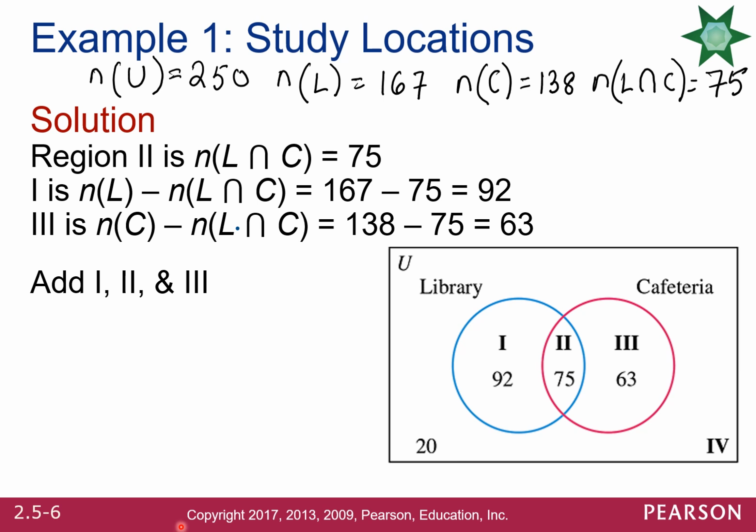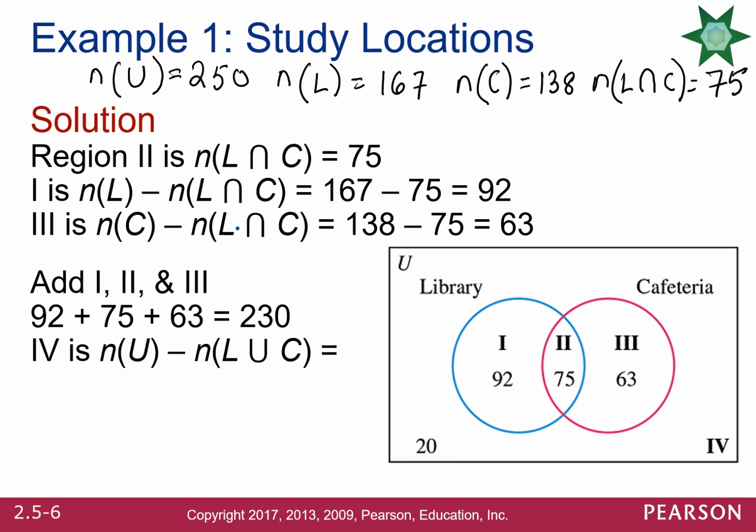So in the next step, you add the number of values in region 1, 2, 3, which gives us 92 plus 75 plus 63 equals 230. So we have 230 elements as part of the set. What is not a part of the set is 250 minus the 230, right?